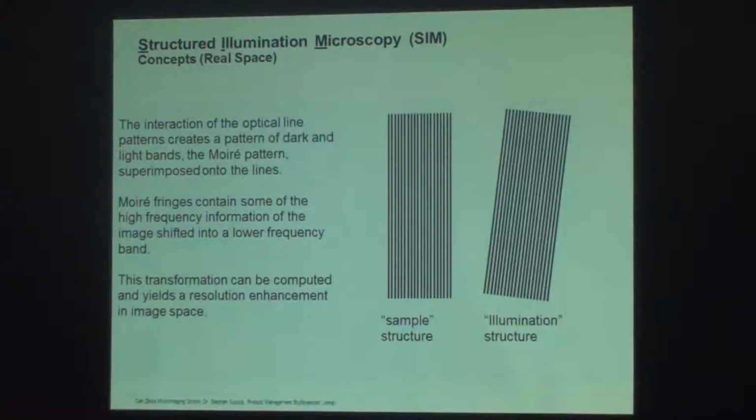So coming back to this structured illumination, probably you have seen these basic images several times, but I just wanted to show you one more time. So you have an unknown sample structure. The structured illumination microscopy is fundamentally based on the ability to image the high frequency information which is not available normally with the optical system which has a low bandwidth.